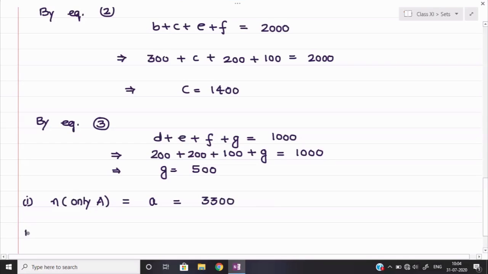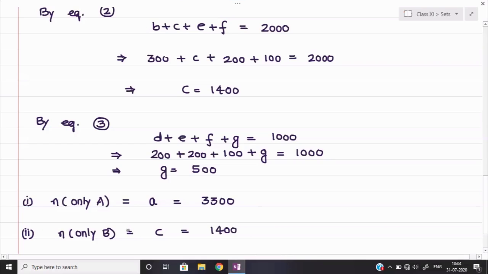Similarly, the second part is the number of elements of only B, that is I think C, and value of C you can see over there, it is written on the screen, 1400. Okay, so two values we got easily here.